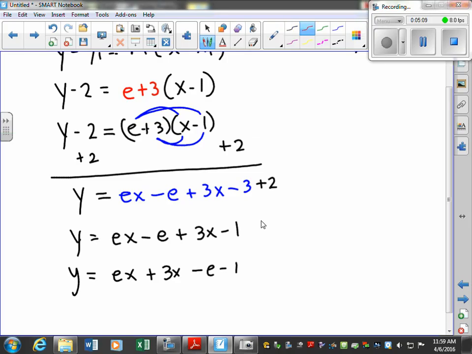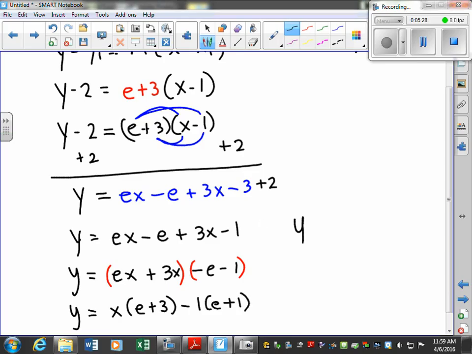If you remember some grouping, we can factor out common terms out of each one of these groups. So y is equal to, pull out an x, this is going to be e plus 3. And then if I pull out a negative 1, I just get e plus 1.